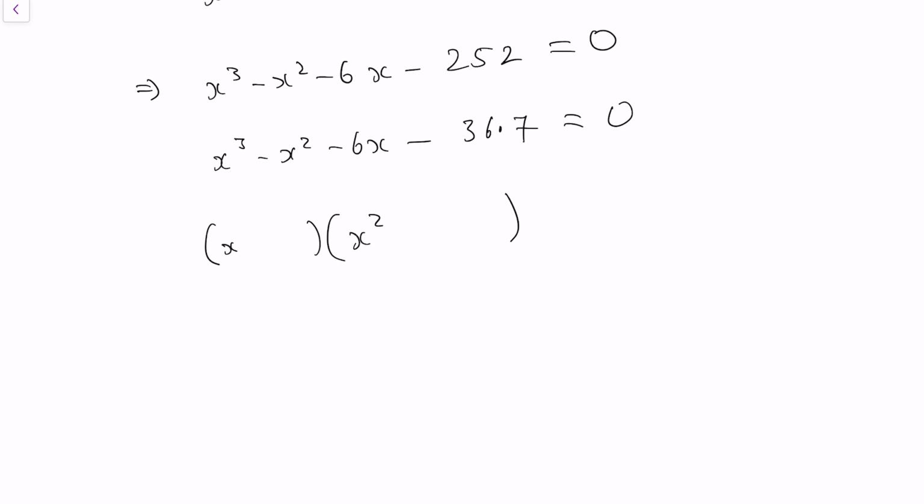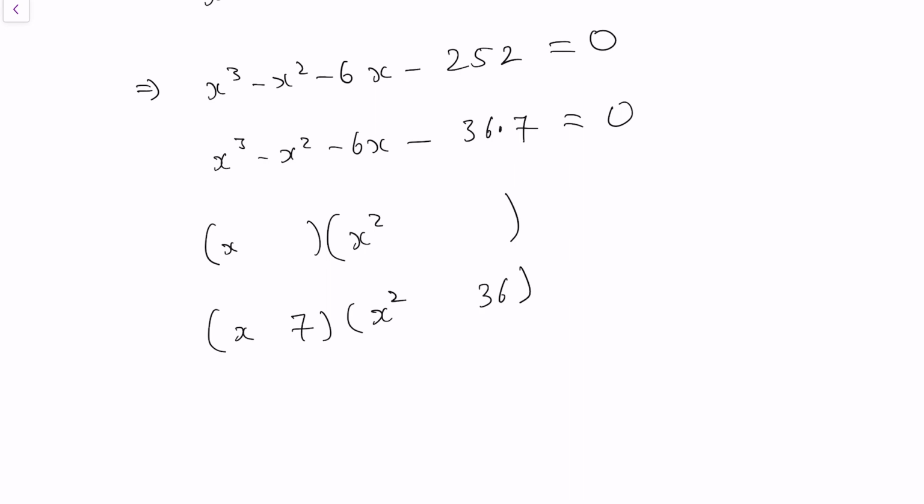Now, if we want to factorize this, it will be some x times x squared, because we want to get x cubed, and we want the last term to be 36 times 7. So 7 times 36 would go there. Now, we want either 36 or 7 to be a negative number because it's minus 252, right?